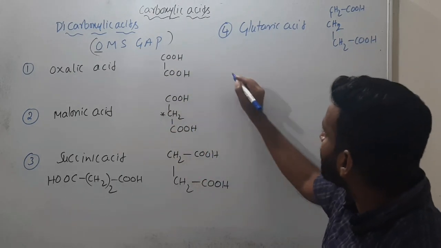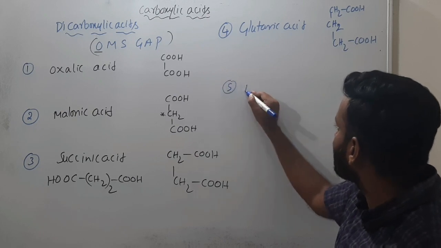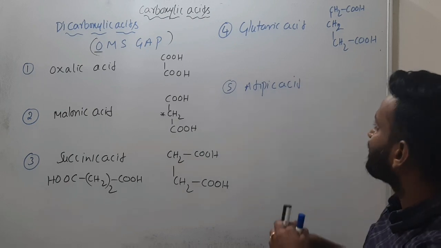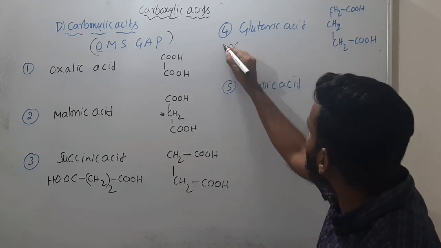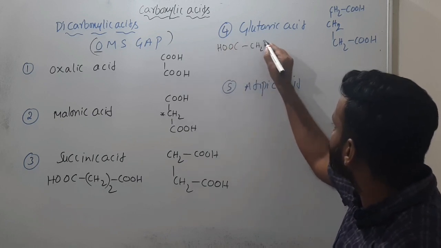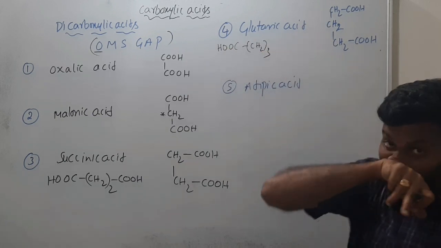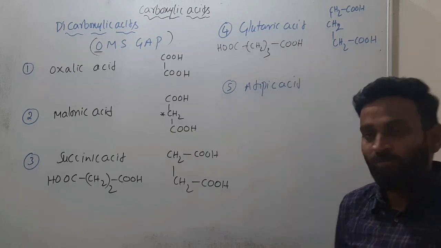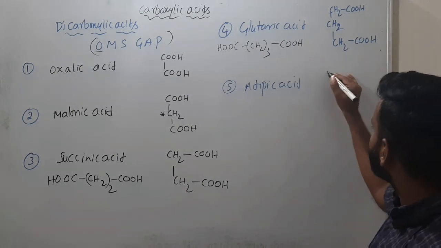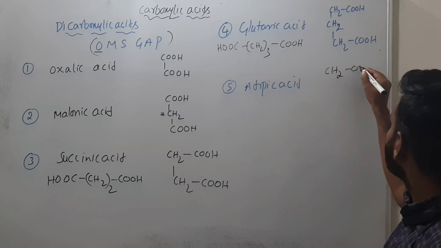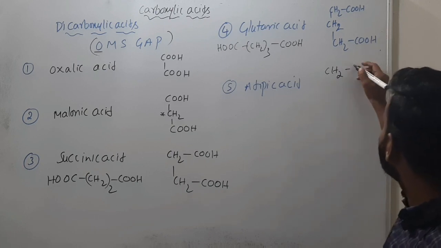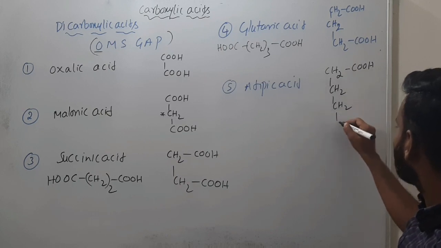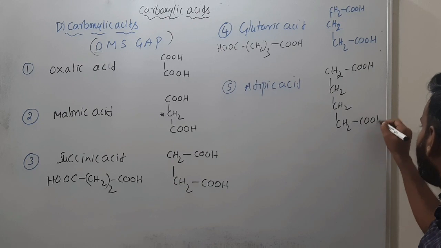Next, the fifth one is adipic acid. What is that? Adipic acid. This glutaric you can write like this now: COOH and CH2 whole thrice, because CH2 three times you have, and COOH. Adipic acid means now you can write like this: COOH, CH2, CH2, CH2, CH2, COOH.